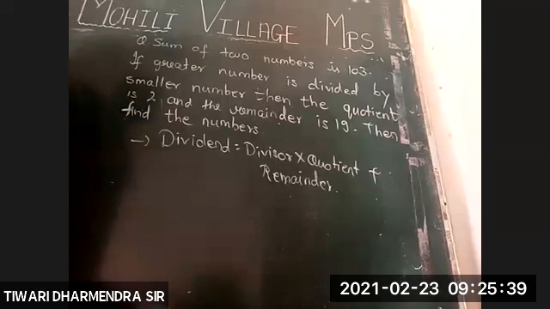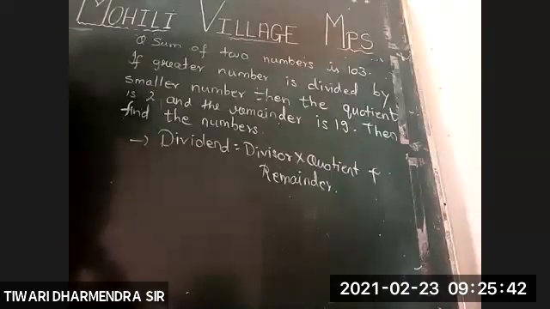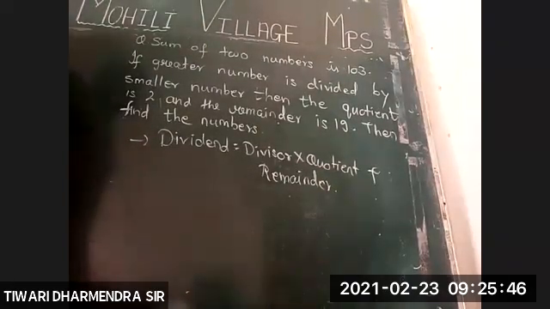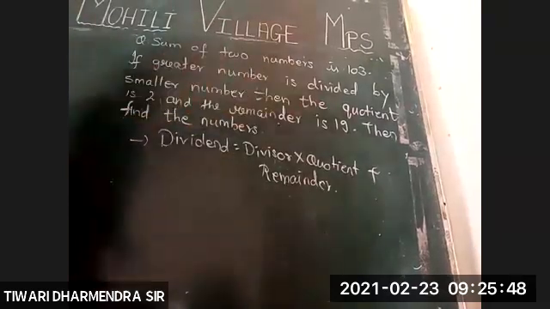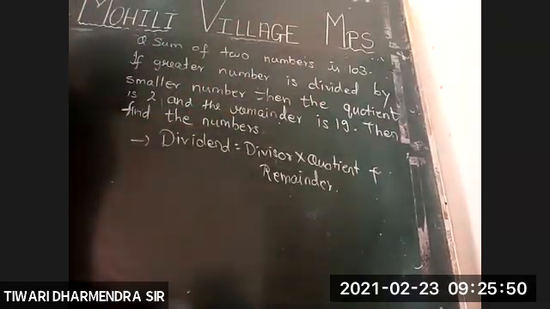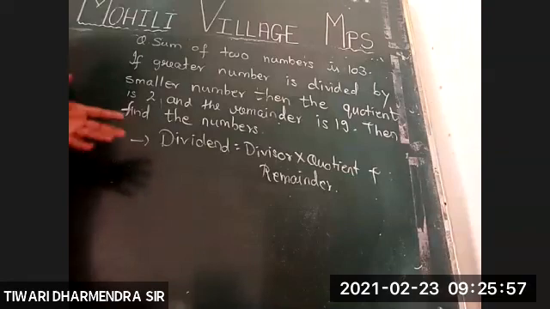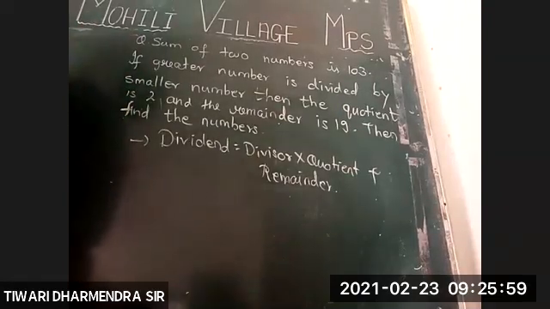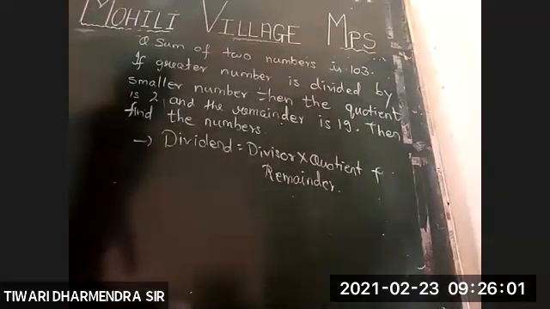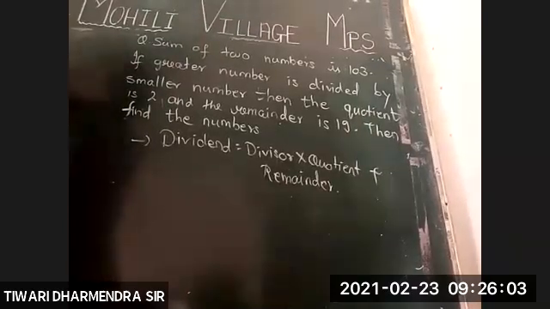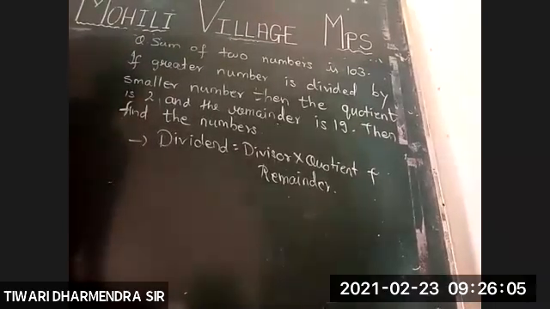The quotient is given to be 2 and the remainder is 19. We have to frame the mathematical equation and then solve it. First, we will take a rough explanation and then proceed to the actual problem.